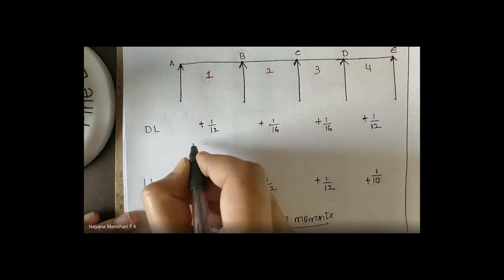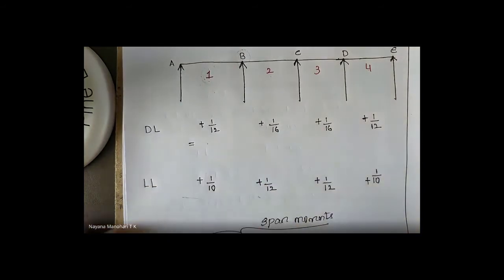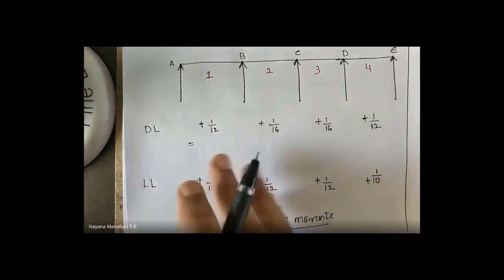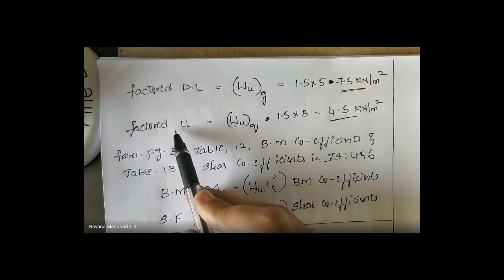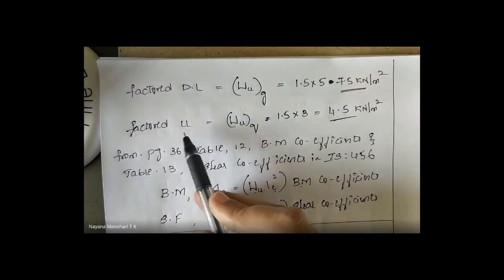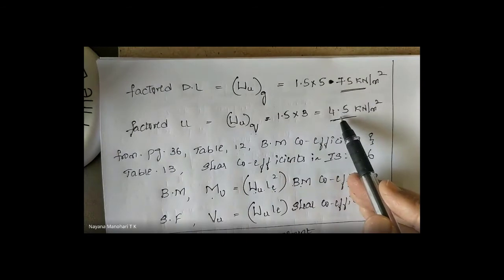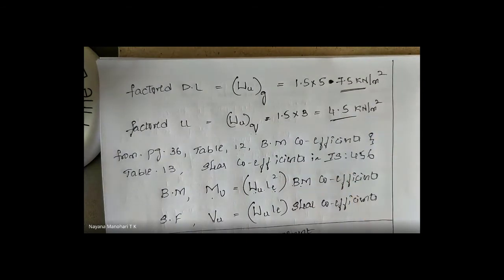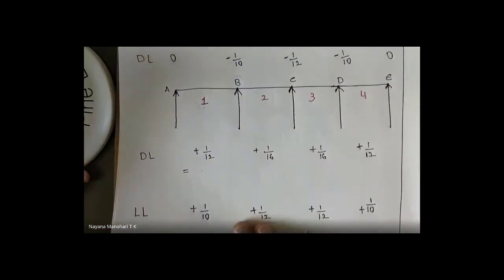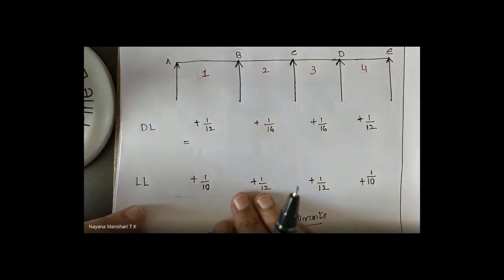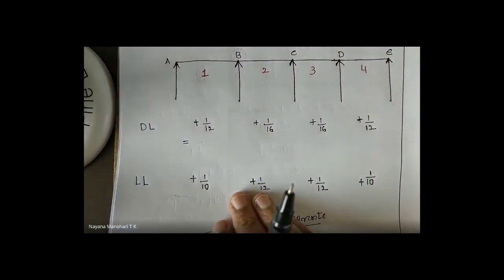Below, in this case only, you calculate it. For the dead load, you need to consider the factored dead load. For the live load moment you are calculating, the factored live load you need to consider. Be careful. Okay, calculate it now. That is plus 1 by 12. Calculate it.